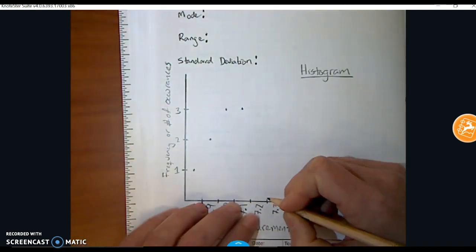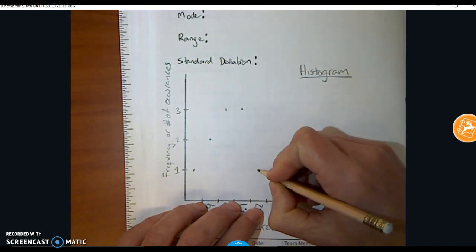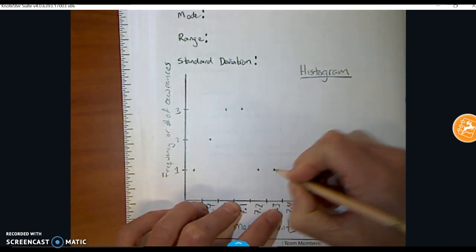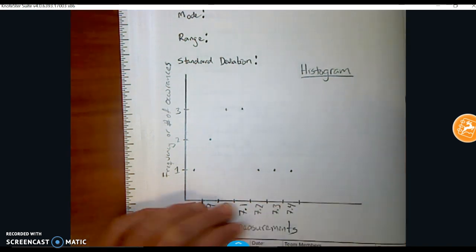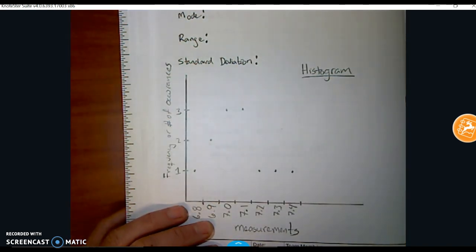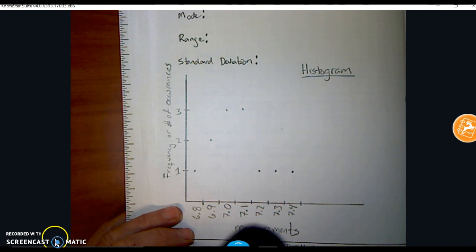And then the last three measurements just occurred once. Histograms usually are not done with dots, they're done with bars. So I'm going to pause the video and put my bars up, and then you'll do the same.